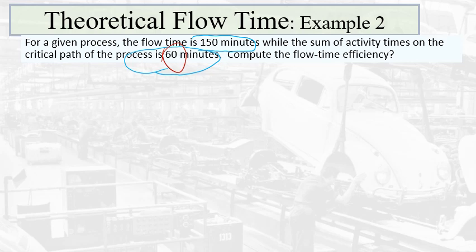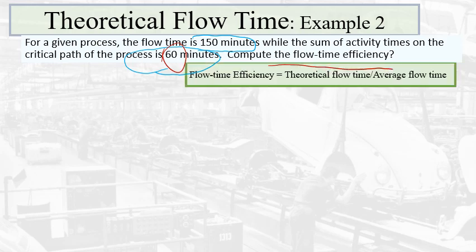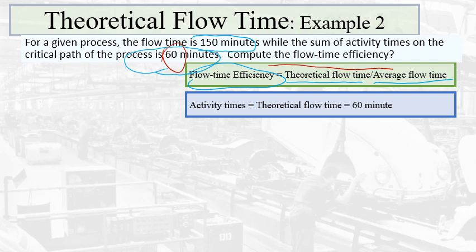So let's compute the flow time efficiency. For flow time efficiency, we have this equation right here, where it is the theoretical flow time over the average flow time. The theoretical flow time is going to be the smaller of the two, because when you take out waiting, it's going to be a smaller number.